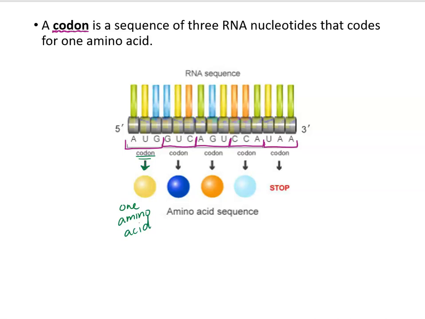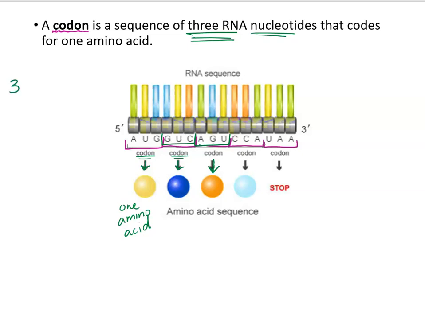And then if we keep reading on our message, the next codon is GUC. That's going to give us another amino acid. And we have another codon, AGU, and that gives us 1 amino acid. So each codon only codes for 1 amino acid, and a codon is always going to be a sequence of 3 RNA nucleotides on the mRNA strand.